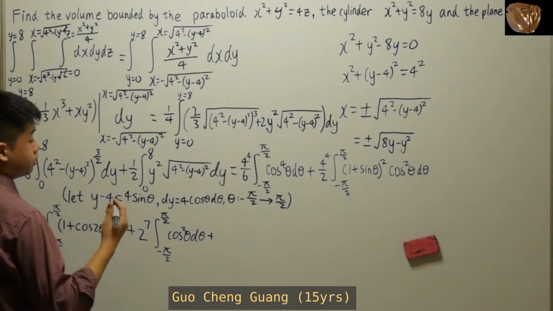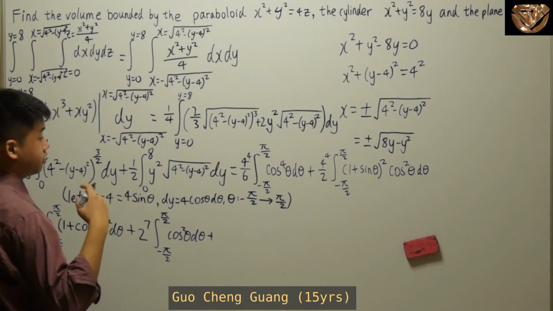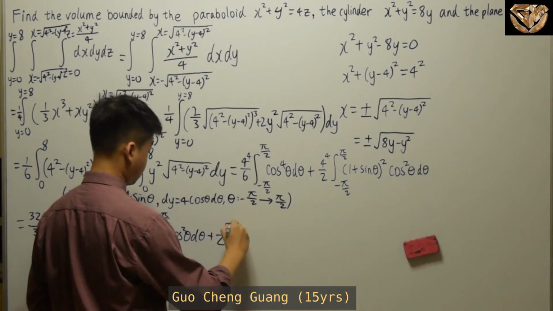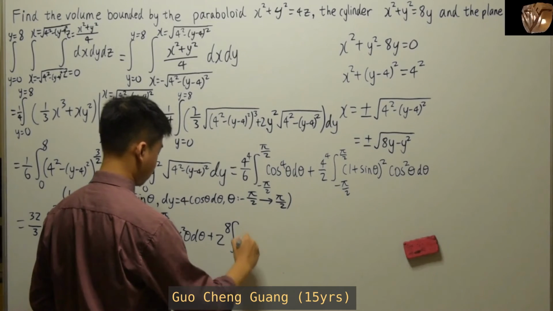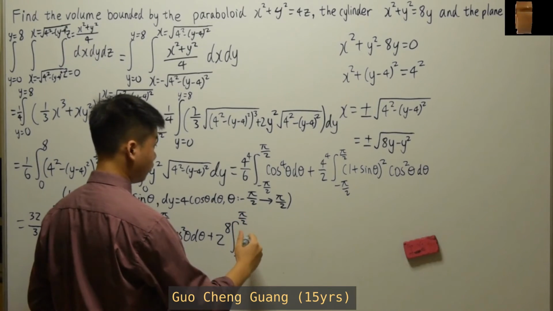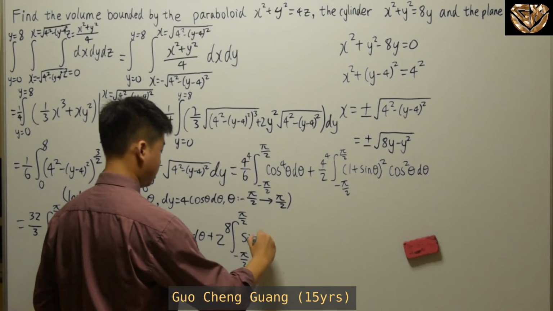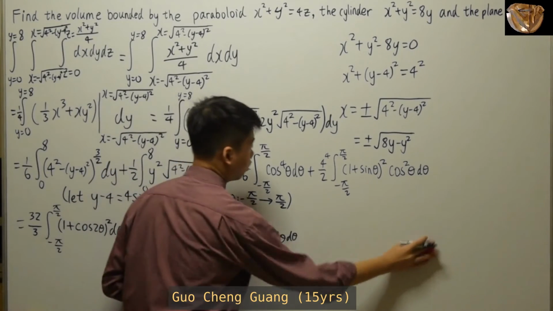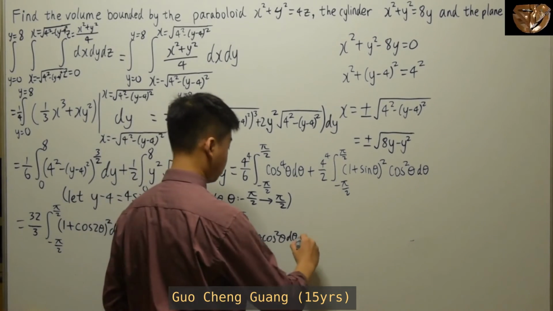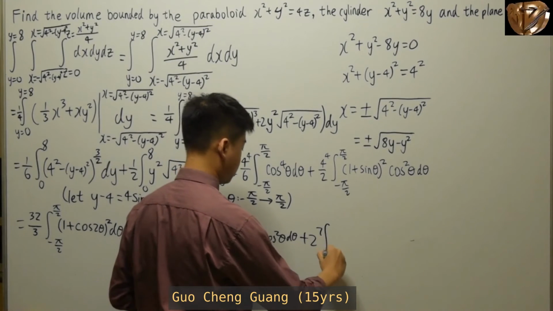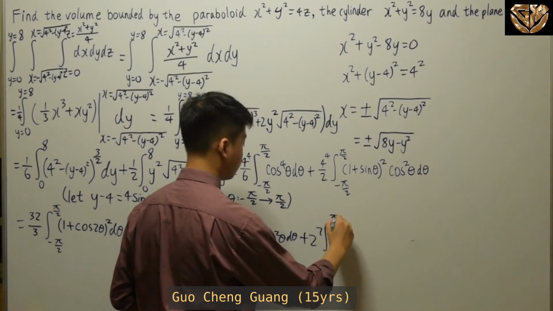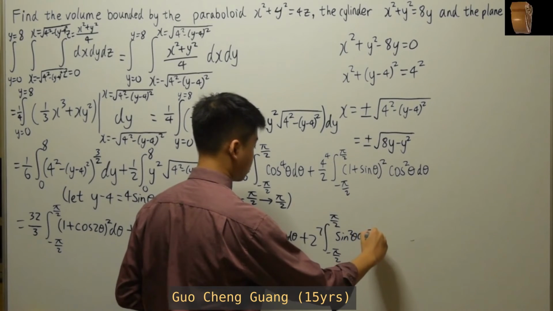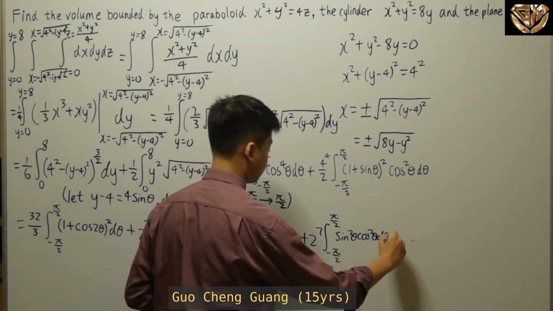Well, for the second term, since 1 plus sine theta then squared, you are going to have an extra 2 multiplied in front. So you will be seeing sine theta cosine squared theta d theta. Alright, and for the last term, you'll have the integral from negative half pi to half pi of sine squared theta cosine squared theta d theta.